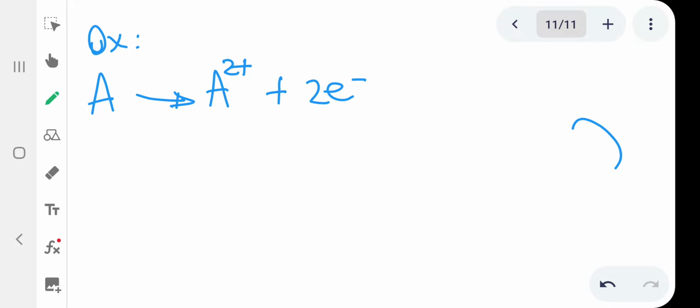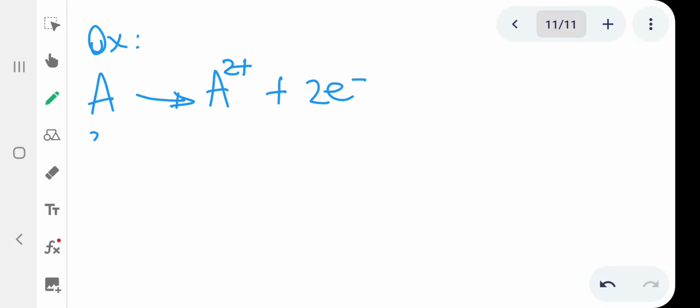Initially, say it was neutral, and then it loses 2 electrons. So the net would be 0 minus 2 negatives, and that would be 2 plus. So that is where the 2 plus is coming from. This is a typical oxidation reaction where a metal A loses 2 electrons.